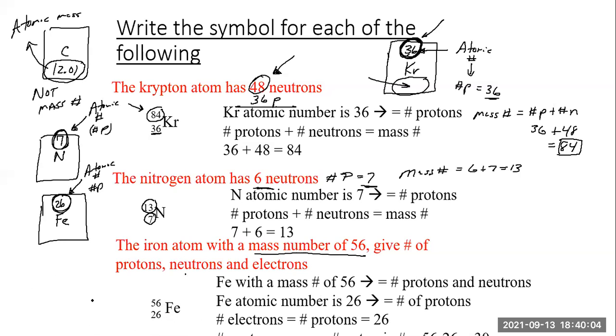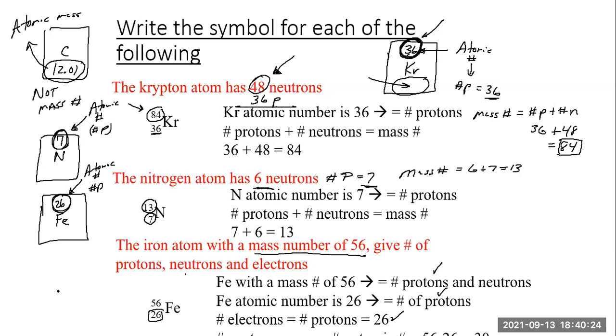And that means that if we want to figure out what's going on in terms of protons, electrons, and neutrons, 26 is our atomic number, which would be the number of protons. And also 26 would be the number of electrons, as it is neutral.